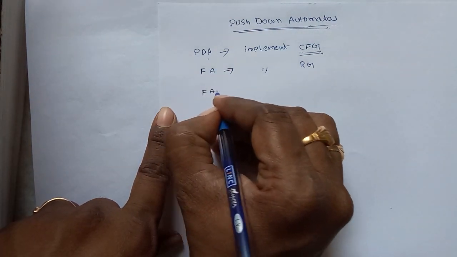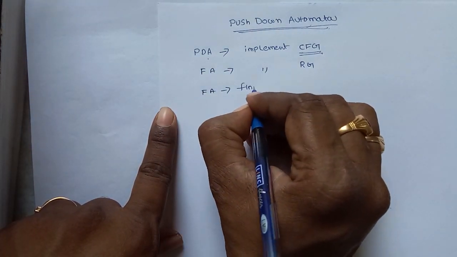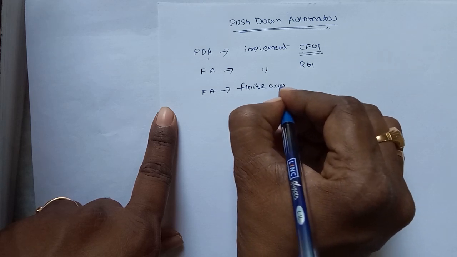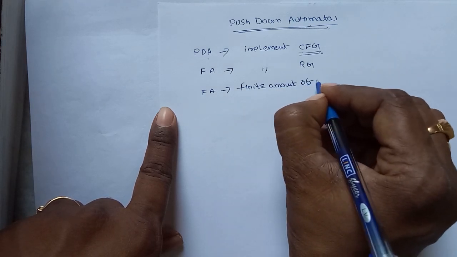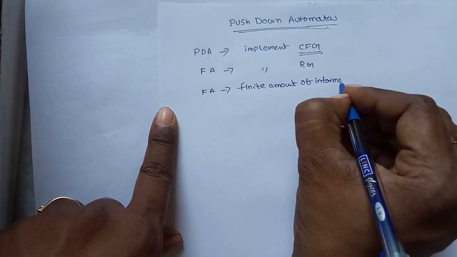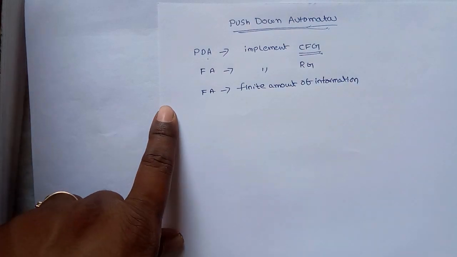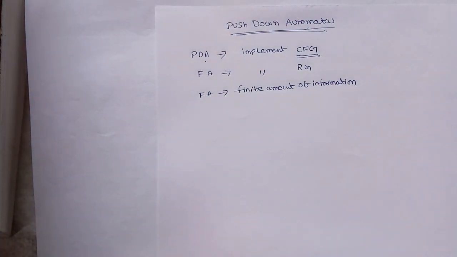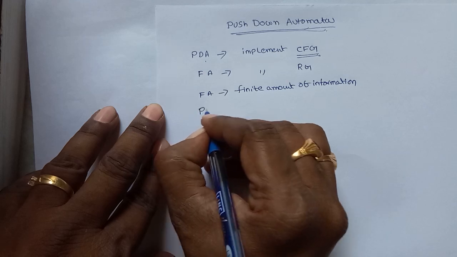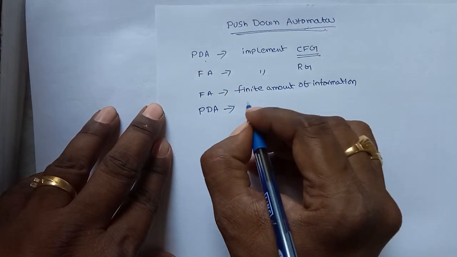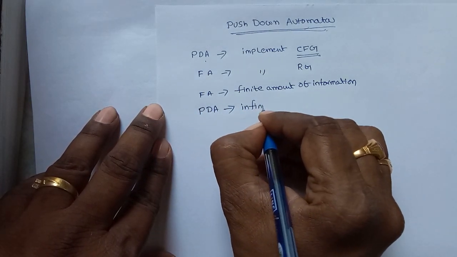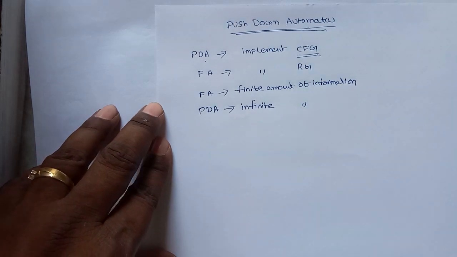Finite automata stores only a finite amount of information, but push down automata stores infinite amount of information.